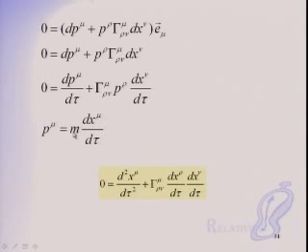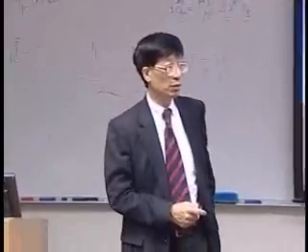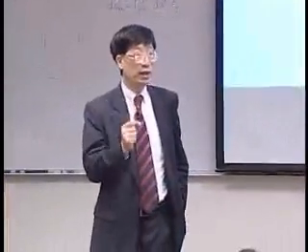So p mu is mass times the change of the coordinate divided by d tau. If I put this in, and I cancel the factor of m, because m will appear from this p and this p, then I get this equation, that the second derivative of x mu plus gamma dx is equal to 0. So that is the equation of motion for a point particle in general relativity.